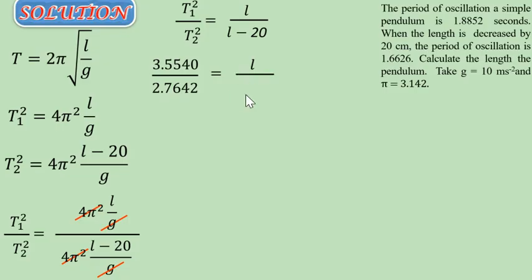Next, we are going to simplify this expression by cross-multiplying. This will cross-multiply, and this will multiply the other side.